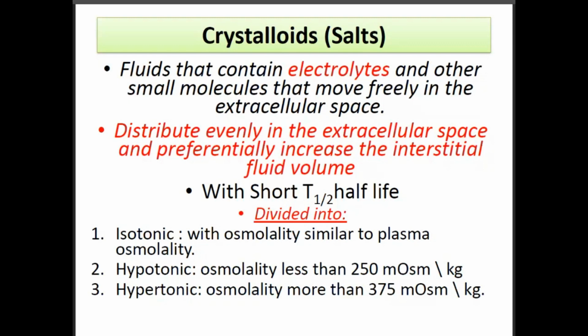So if you have a crystalloid with an osmolarity less than this, for example 250 milliosmol per kilogram, then it is hypotonic. If you are having an osmolarity more than 375, it is a hypertonic fluid.